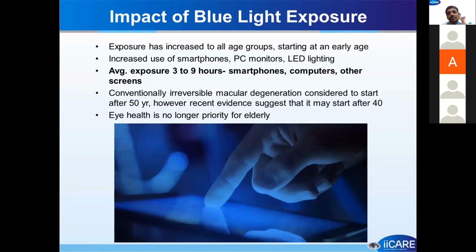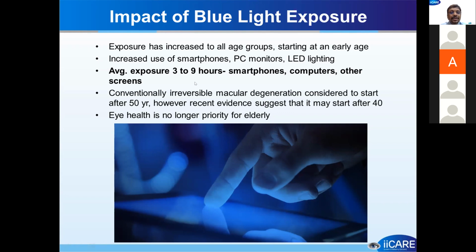Now, as we know, currently there is a lot of exposure to blue light, either through smartphones or computers or other screens, and the average exposure is up to 3 to 9 hours per day.